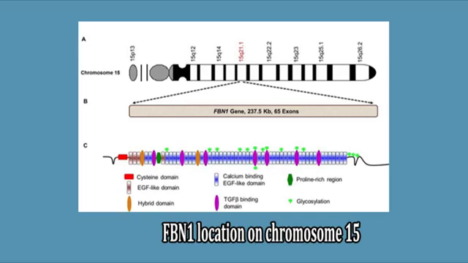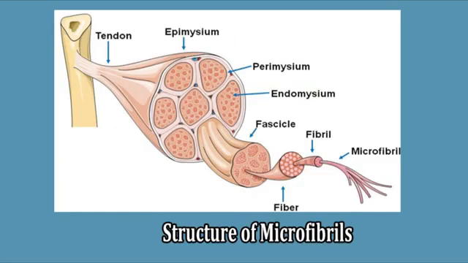This gene encodes a protein termed fibrillin 1. This protein will bind with many other proteins to form a structure called microfibrils. These structures are the unit of fibers and they strengthen the connective tissues.